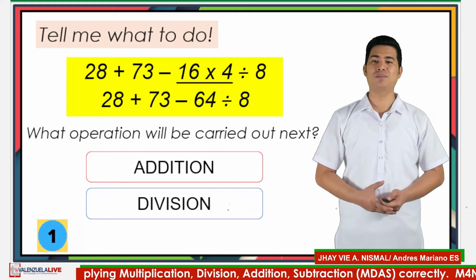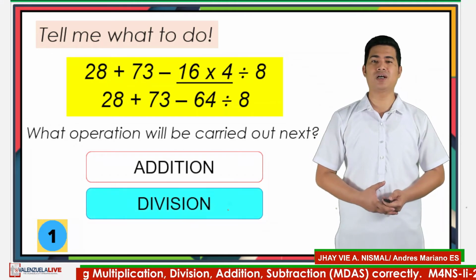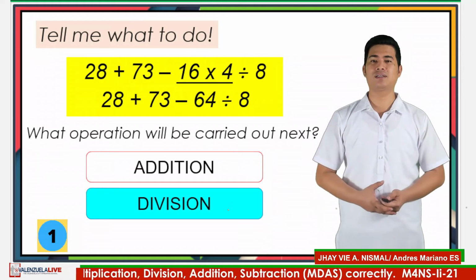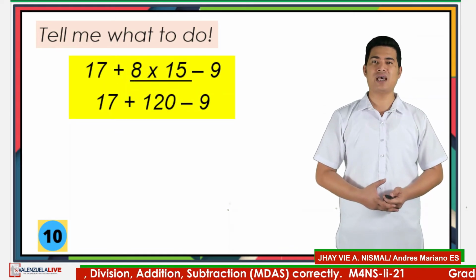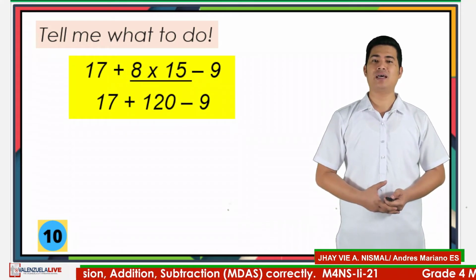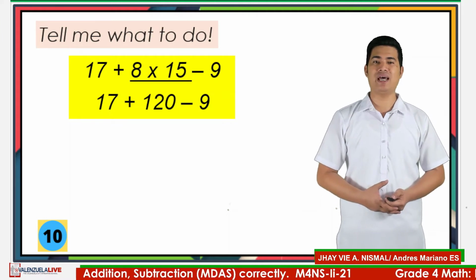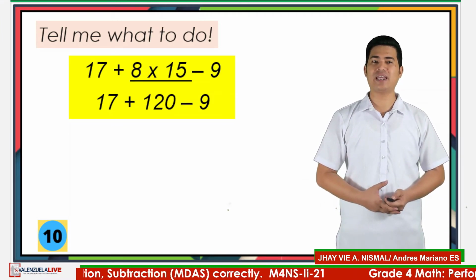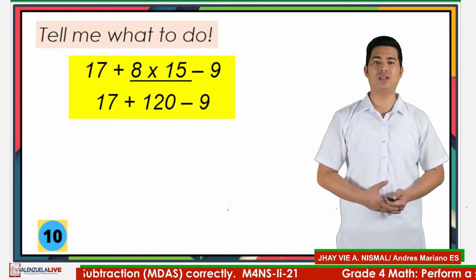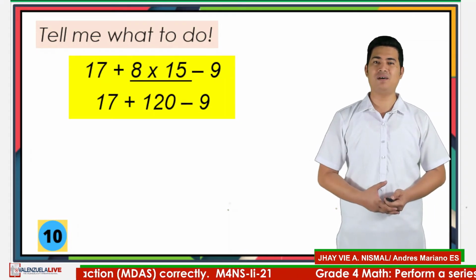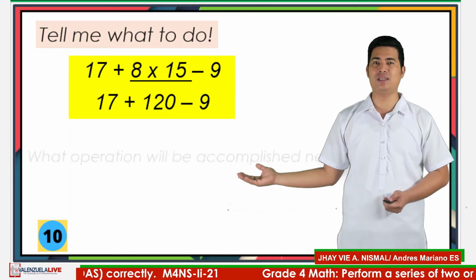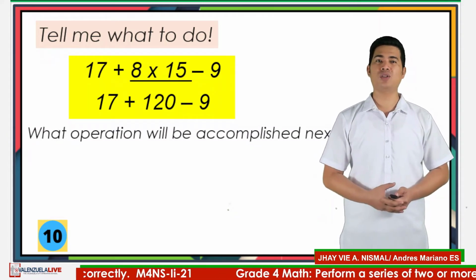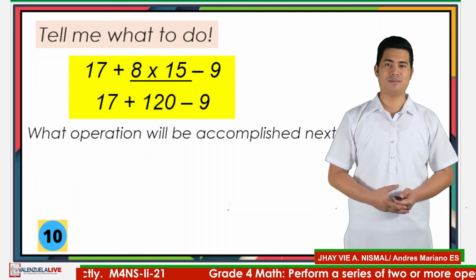Time's up. If you got division, very good. Next, 17 plus 8 times 15 minus 9. Then 8 times 15 is equal to 120. So we have 17 plus 120 minus 9. What operation will be accomplished next?